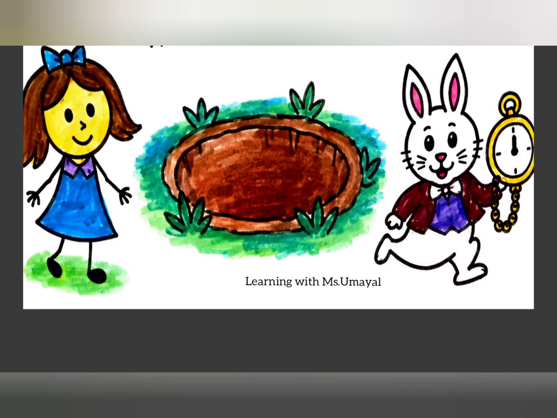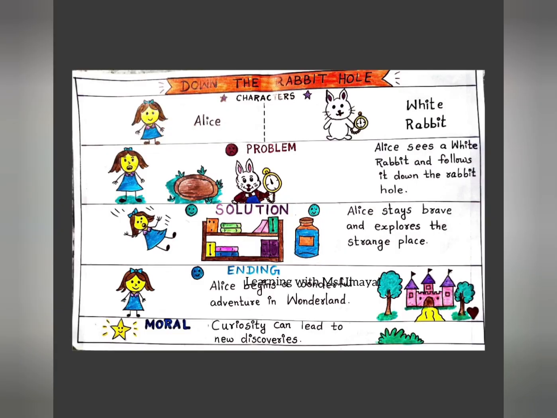So children, this chapter introduces us to Alice as a curious, adventurous and imaginative little girl. Have you heard the word curious before? Meaning interest, keen interest. So Alice is a little girl who is so much interested to learn about new things and explore adventures.